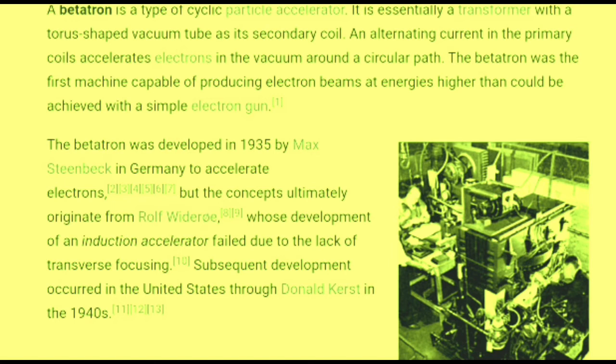The Betatron was developed in 1935 by Max Steenbeck in Germany, to accelerate electrons. But the concept ultimately originates from Ralph Wideröe, whose development of an induction accelerator failed due to the lack of transverse focusing.